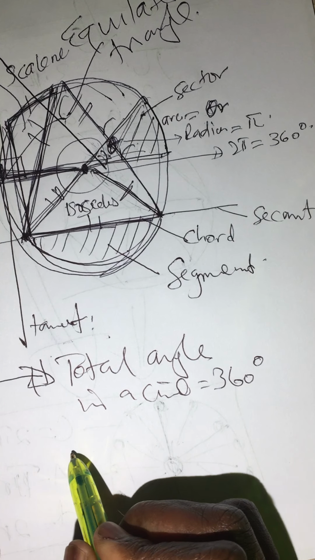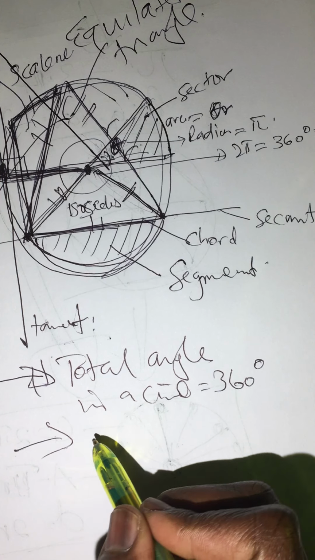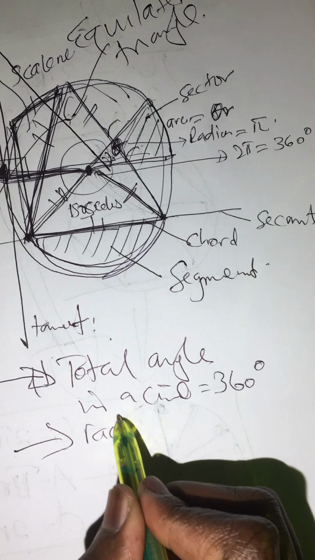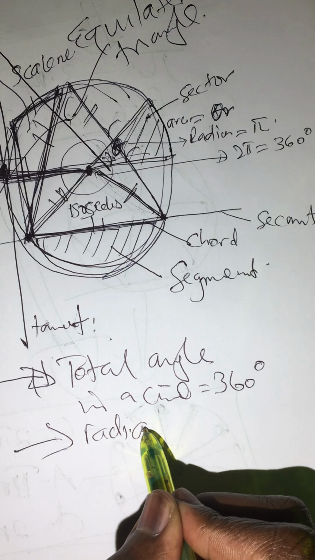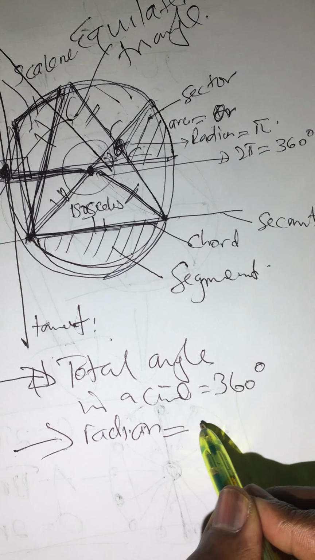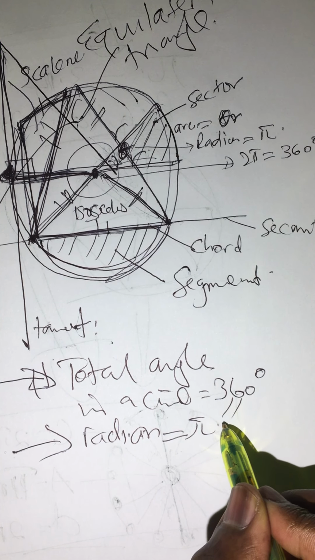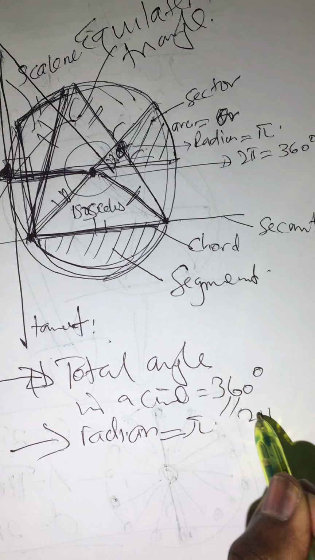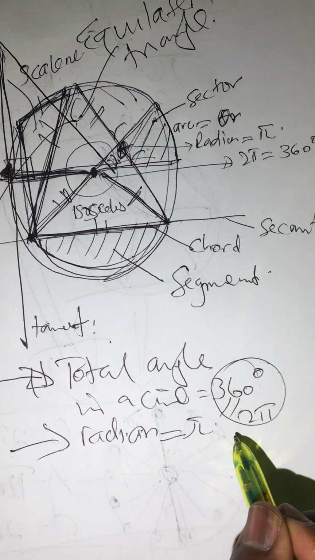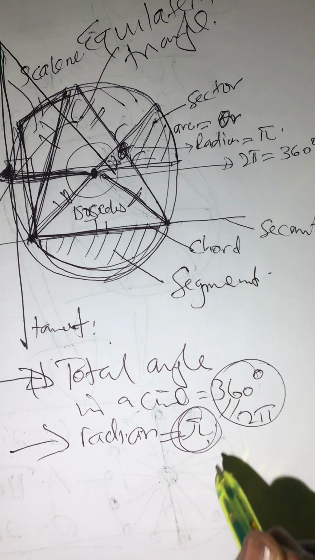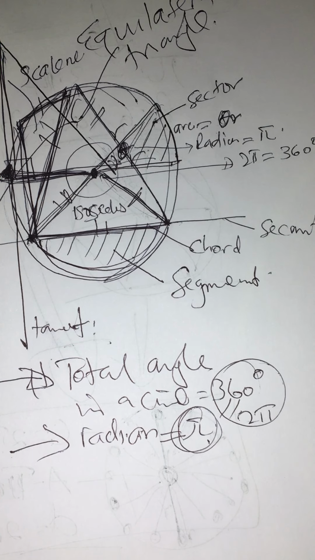We also know that the smallest angle we can have in the circle is called the rad or radian, and it's measured in pi. So if you go all the way round, we have 2 pi, which is equivalent to 360 degrees, and this pi is very important in trigonometric functions.